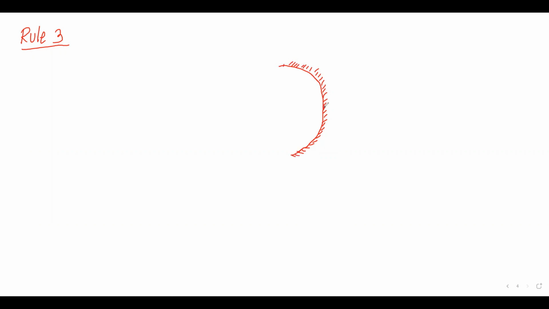Now this is the pole. The geometrical center of the mirror is called the pole. The center of the spherical, hollow sphere of glass is the center of curvature. The focus is located exactly in the middle of CP. The principal axis passes through the center of curvature and the pole.